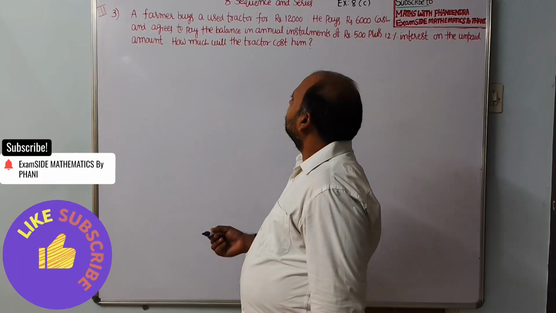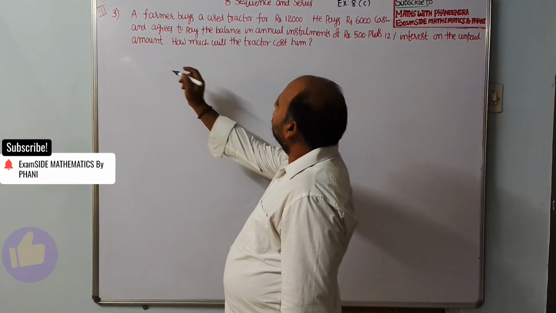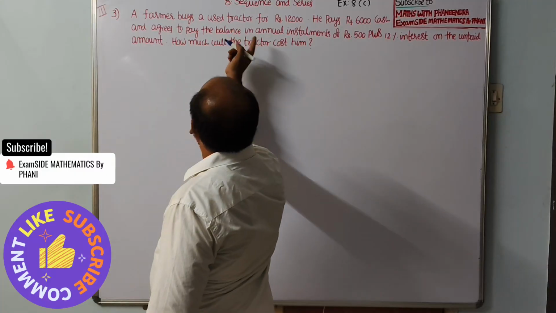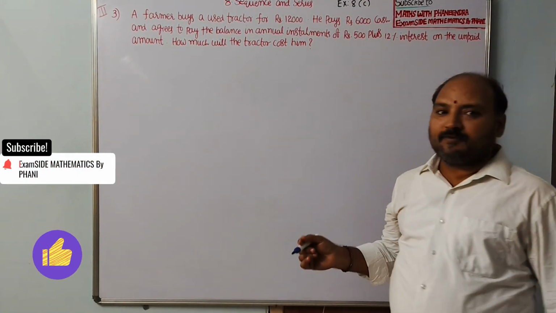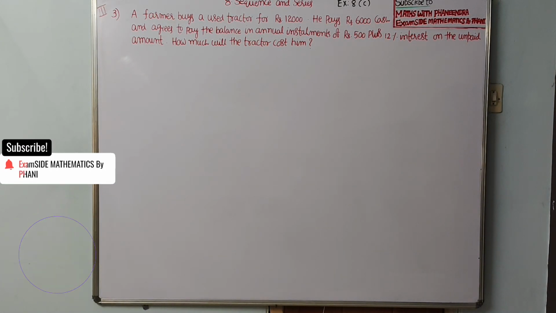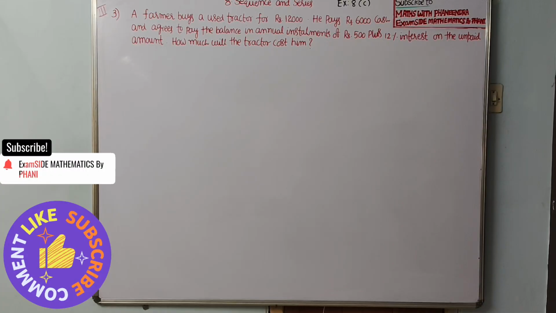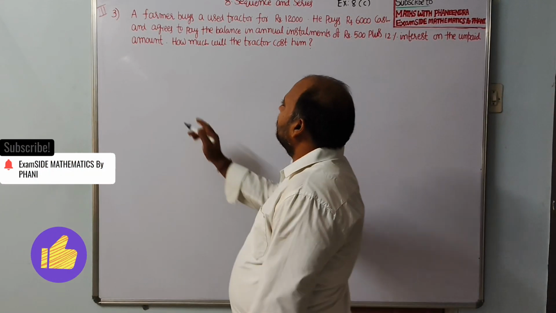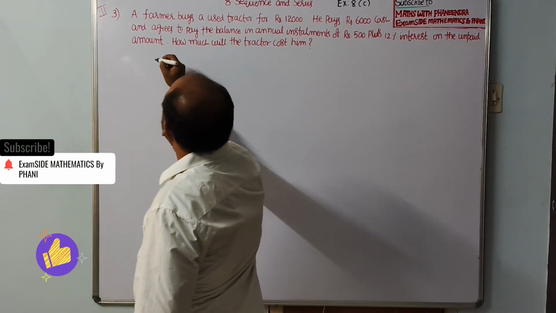See, first the farmer buys a used tractor for 12,000. First, how to proceed? The steps and all, we will go through that. The farmer buys a used tractor for 12,000.